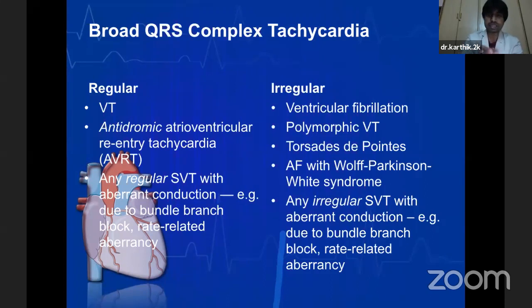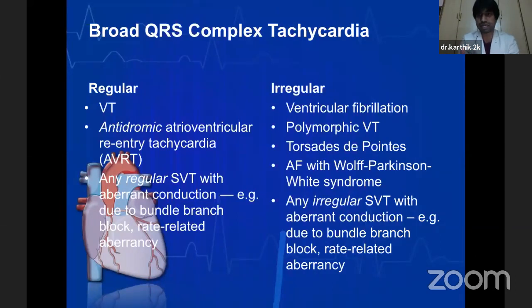The tachycardias with regular rhythm include ventricular tachycardia, orthodromic, and antidromic atrioventricular reentry tachycardia. The terms may be confusing, but you have to understand that ventricular tachycardia, which is most common, especially in patients with myocardial infarction, is what you need to diagnose immediately to save a life.